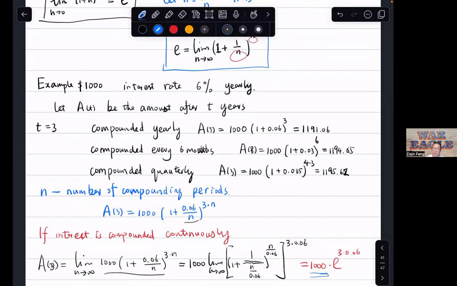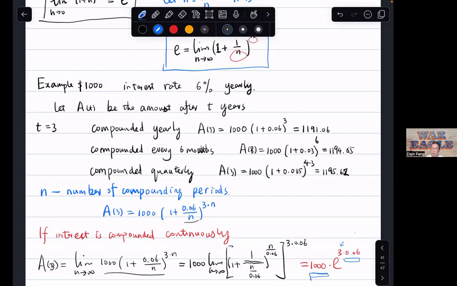So now you can see that in this formula, 1000 is your starting balance. 0.06 is the yearly interest rate. And 3 is how many years you want to put in your account. So if the interest is compounded continuously, that's how much money you can get after 3 years, right?